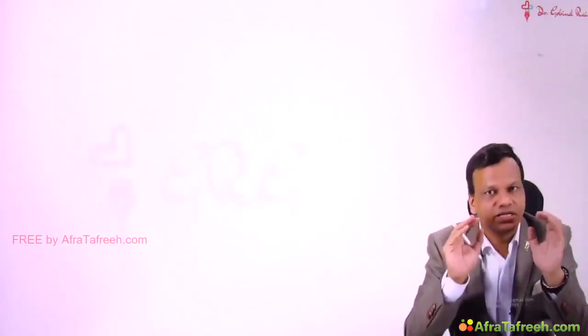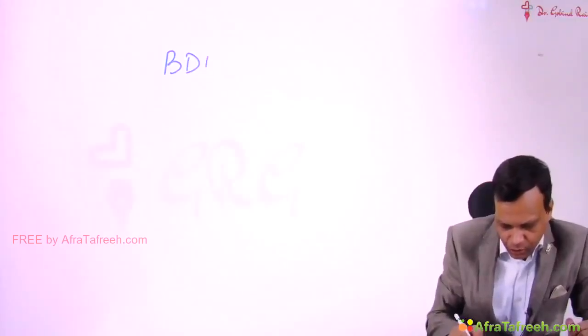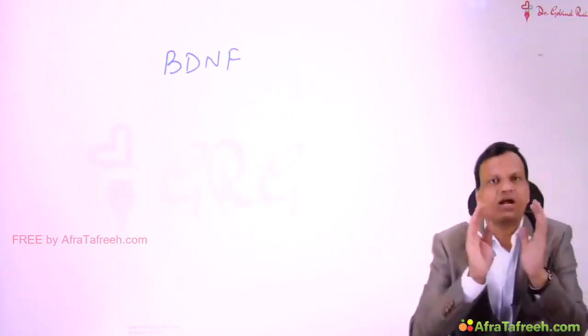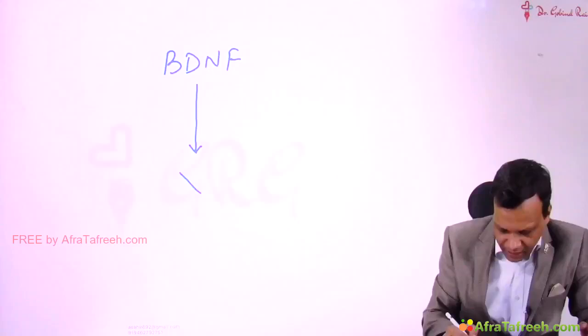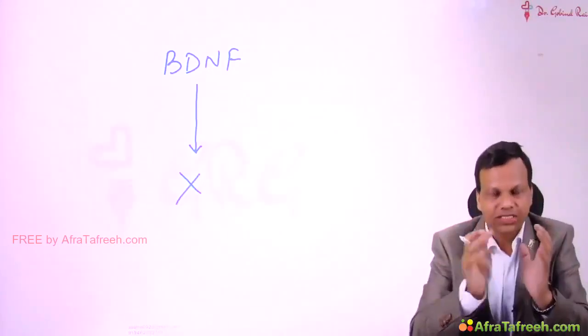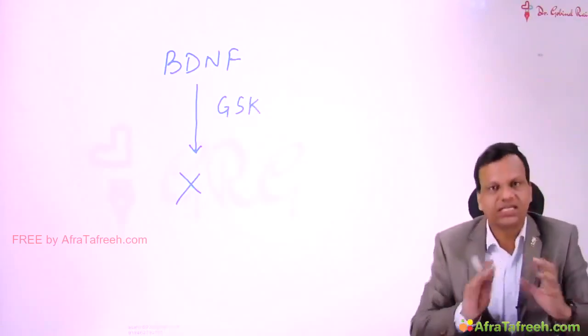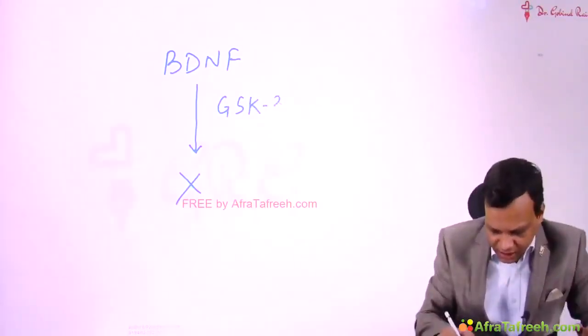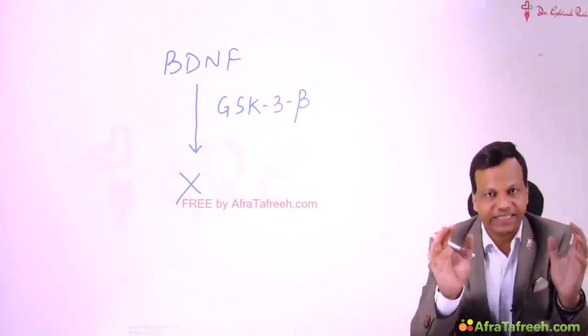Okay. Now coming to depression. How does lithium work in depression? So we discussed brain derived neurotrophic factor. It is required for depression. Now this factor after some time is metabolized, and it is metabolized by an enzyme called glycogen synthase kinase 3 beta.